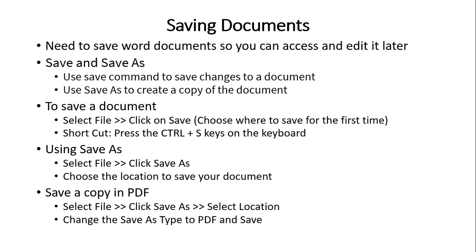But if you have already saved for the first time, then for the subsequent saves, when you do Control S, it's going to only save or modify the content of the already saved document. So if I type ABC and I say save, Word will not ask me for a location, it will just modify the content of the already saved document and put the ABC in that content.